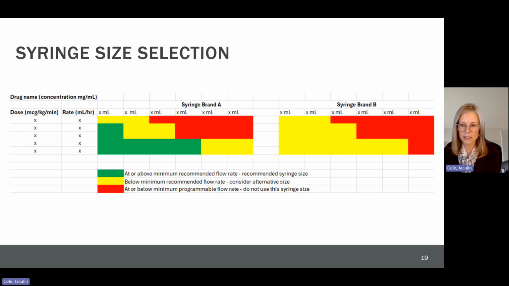And the red areas indicate that that syringe size should not be used because the ordered rate is at or below the minimum programmable flow rate. So think about any ways that technology can automatically support syringe size decisions based on concentration and rate when possible. And also think about how nurses will know which syringe to select if they're drawing up medications for continuous infusions in their areas.